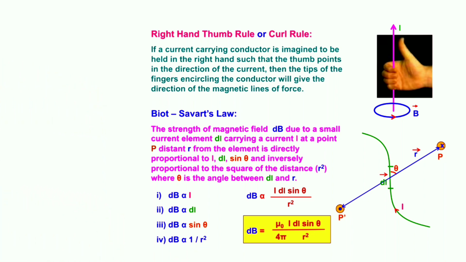Now according to this law, the strength of the magnetic field, that is dB. We are taking strength of the magnetic field as dB because this is due to the small elementary length dl.